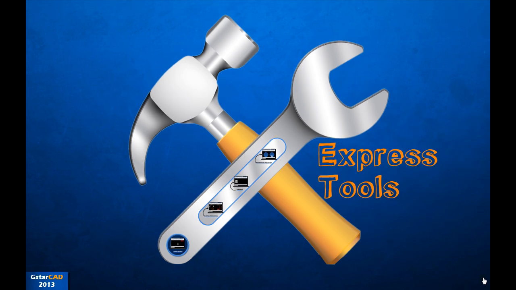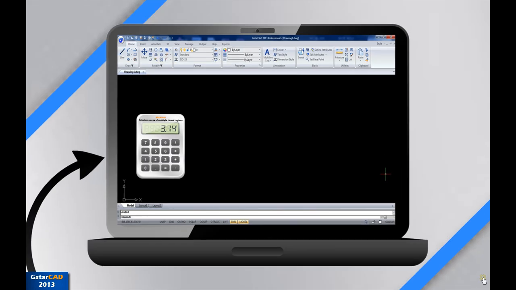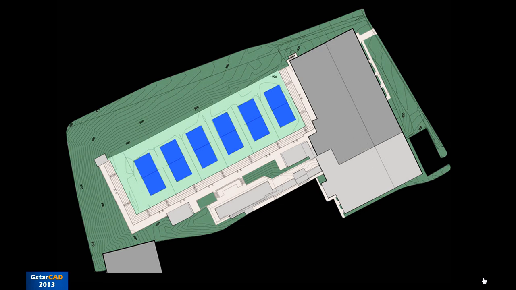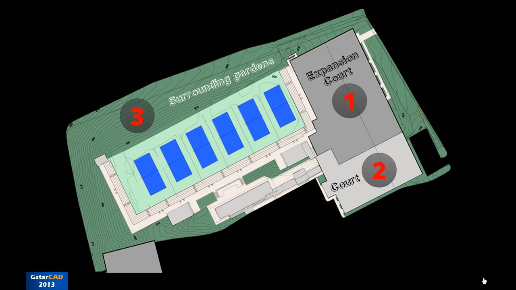And let's see the next tool, Area Zoom. Area Zoom can calculate the area of multiple closed regions. For example, in this drawing there are 4 closed regions that I already drew, and I need to calculate all the areas in a few steps.